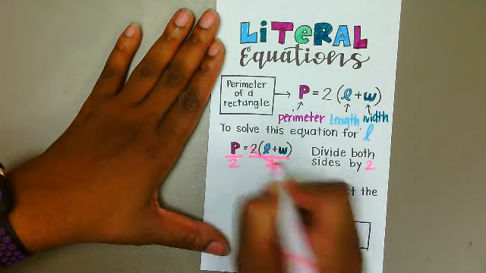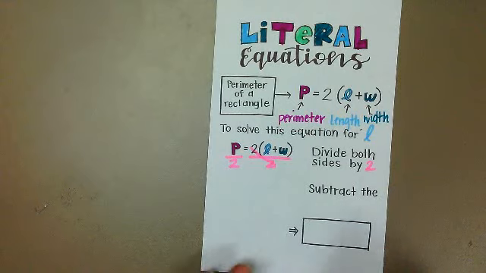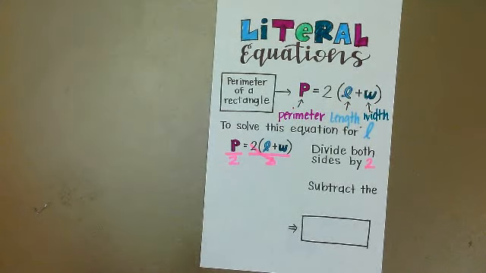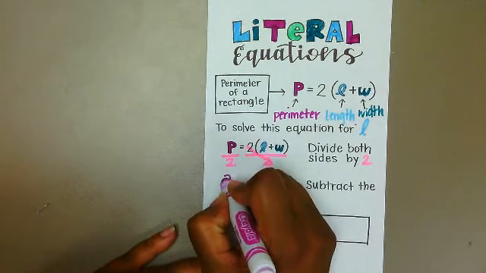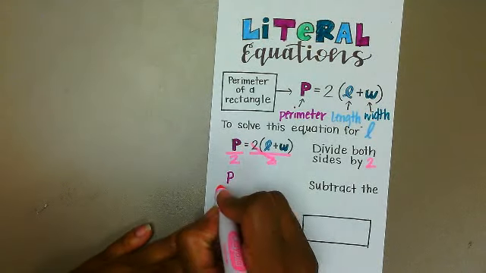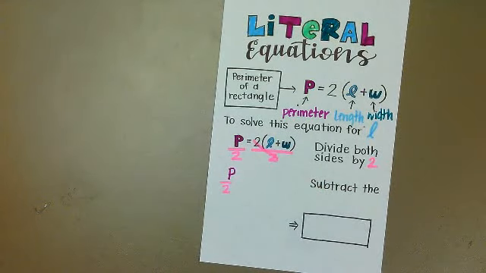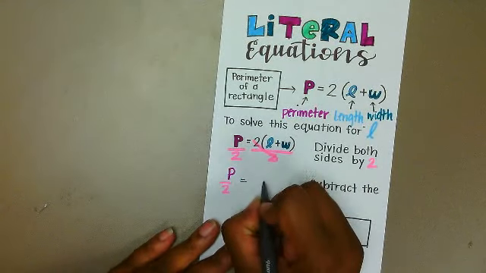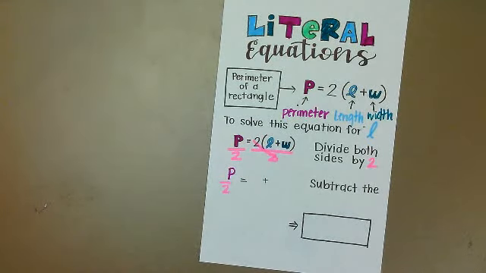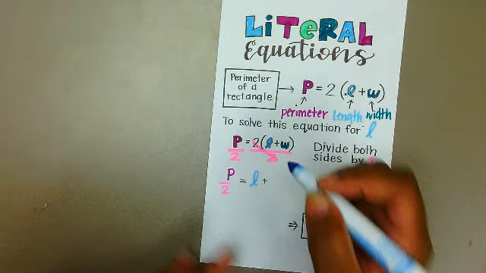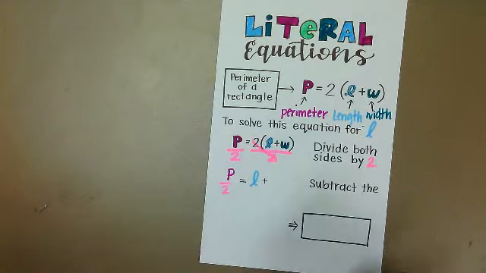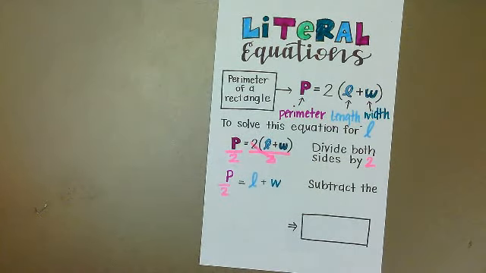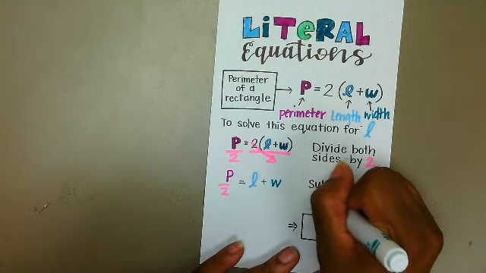So now that we've divided by 2, we have our P divided by 2 is equal to our L plus our W. So now what we're going to do is subtract the width, or the W, from both sides.